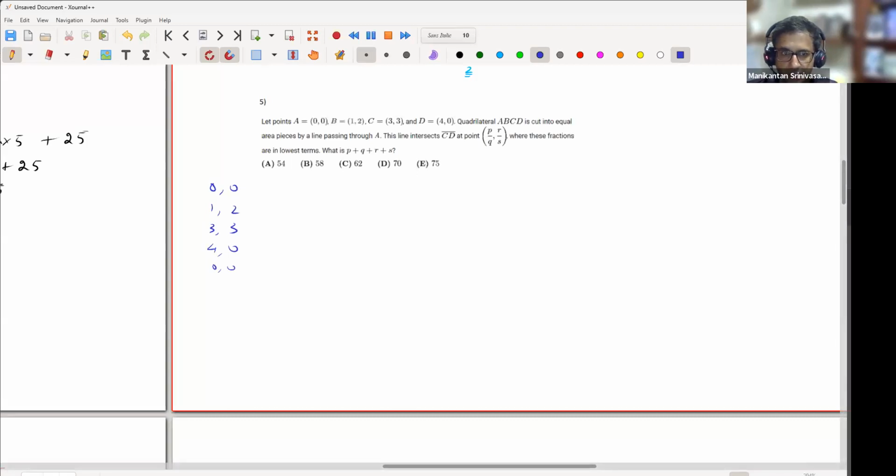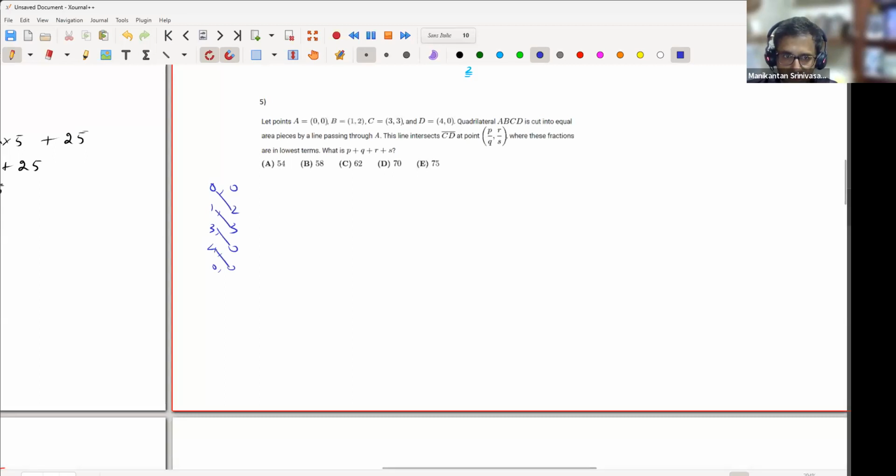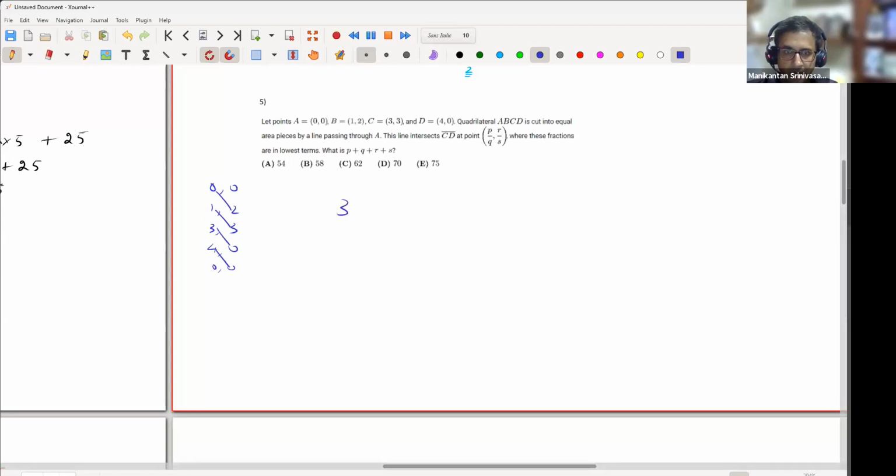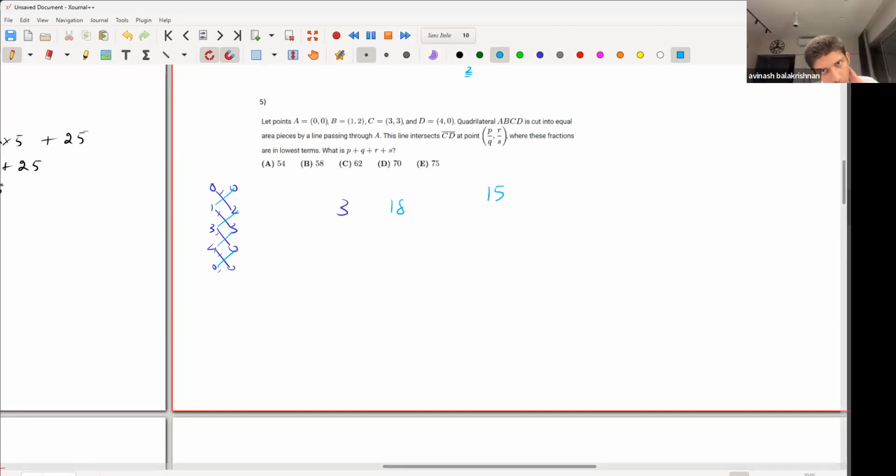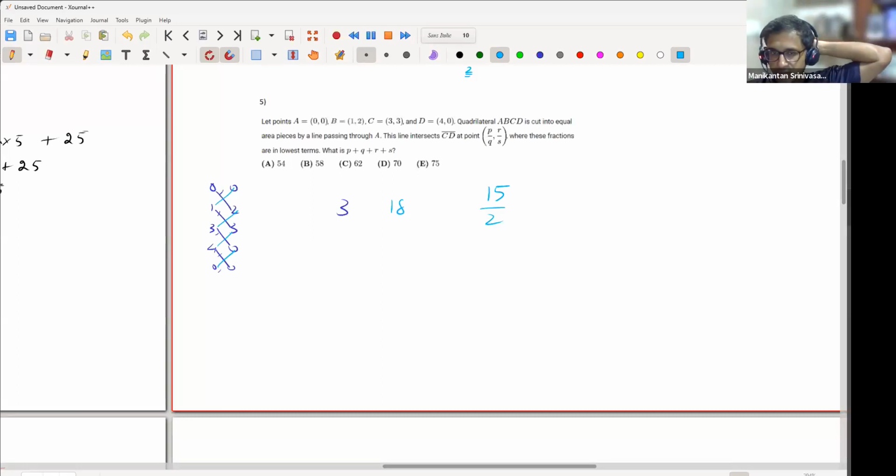There'll be a lot of zeros here, so it's easy. 0 plus 3 plus 0 plus 0, which is 3. On the other hand, I have 0 plus 6 plus 12 plus 0, which is 18. So the difference between them is 15, divided by 2, 15 by 2. Yeah, 15 by 2 is what he said also, 7.5.